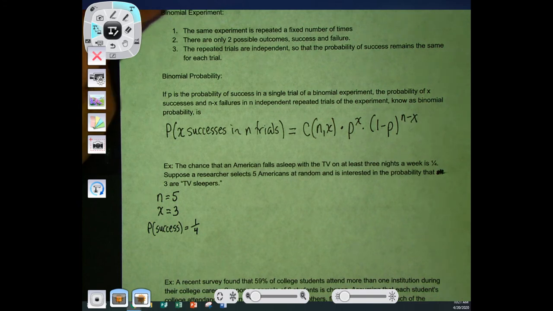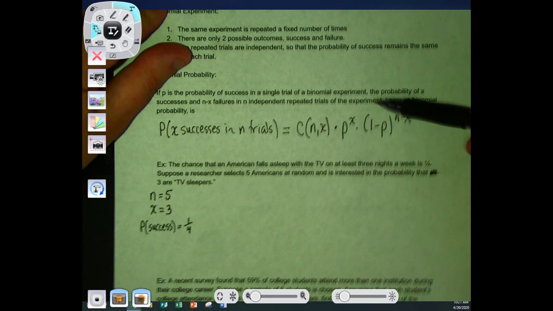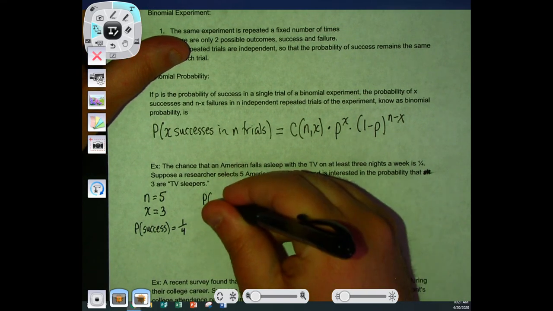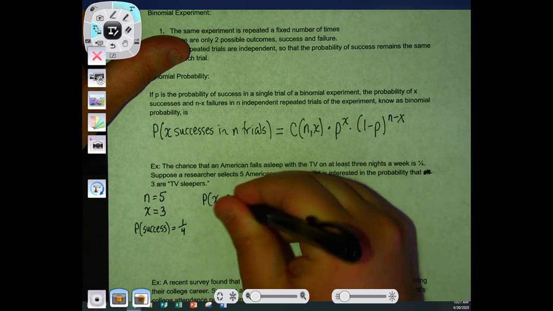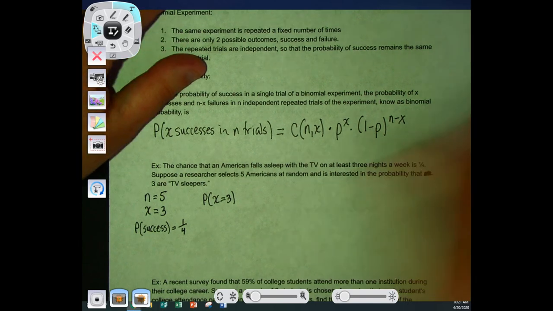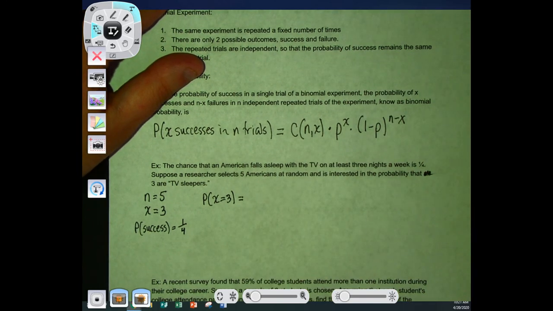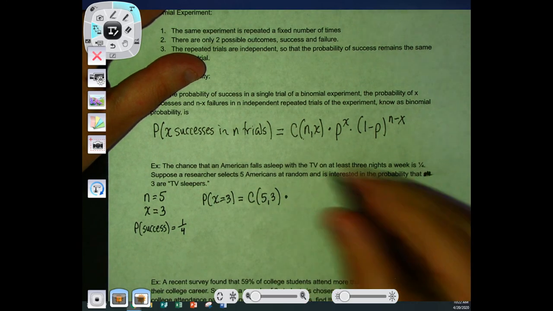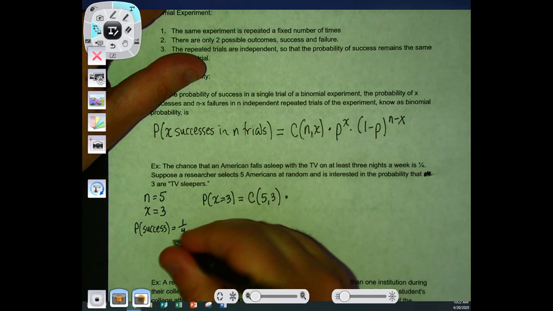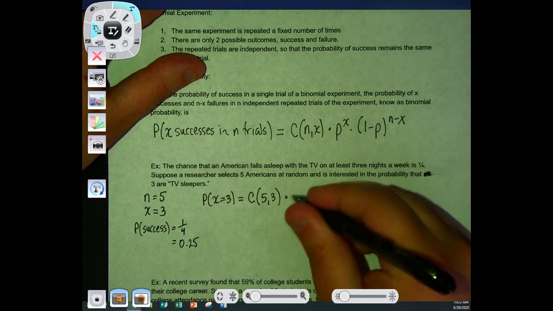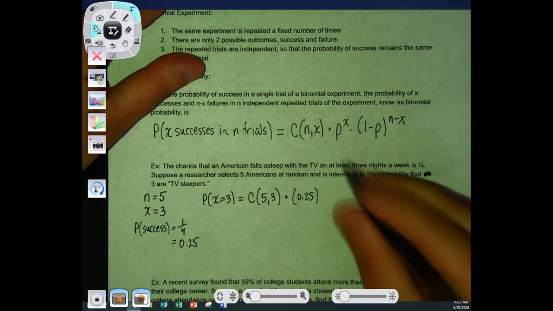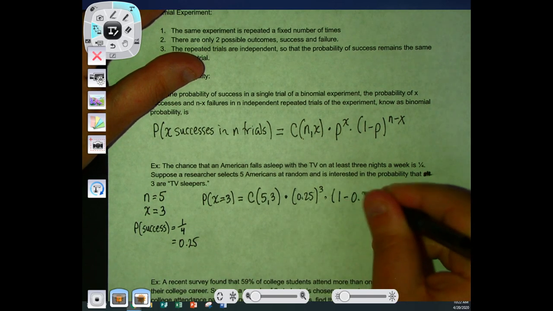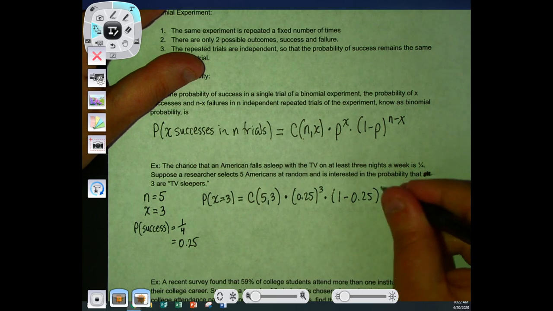Okay. So now, using this, we can use our formula to calculate that the probability of x being equal to 3, the number of TV sleepers, is equal to the combination of 5 choose 3 times our probability, and I'm going to go ahead and just write this as 0.25, so 0.25 to the third power times 1 minus 0.25 to the 5 minus 3 power.